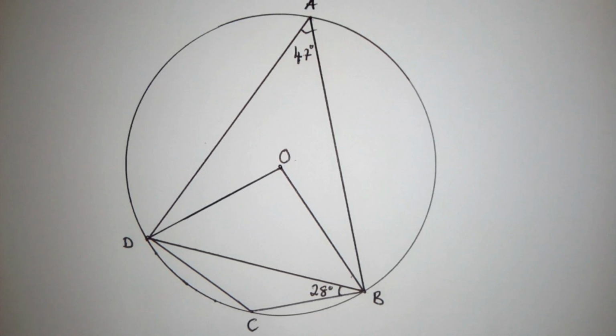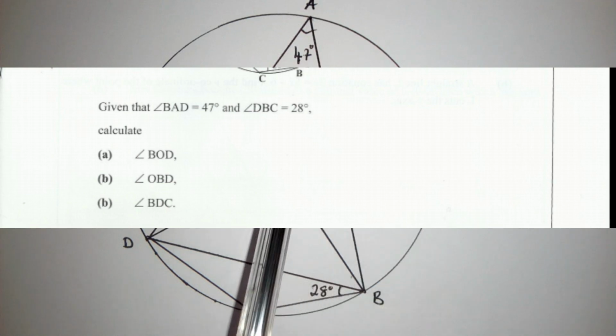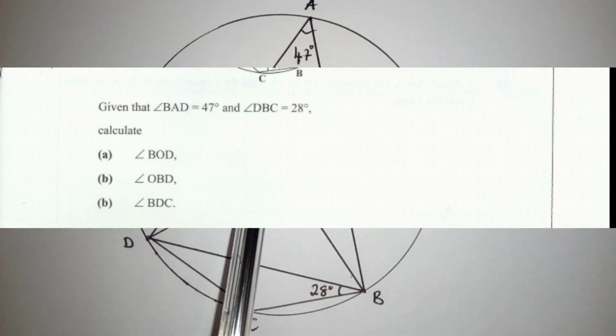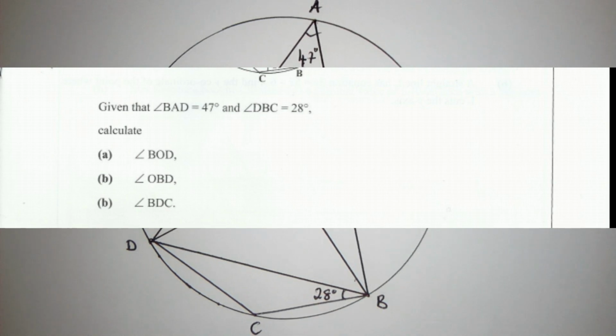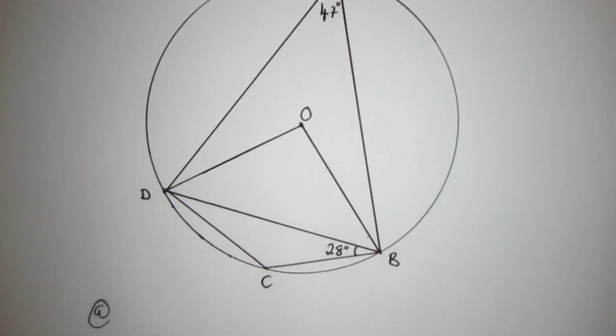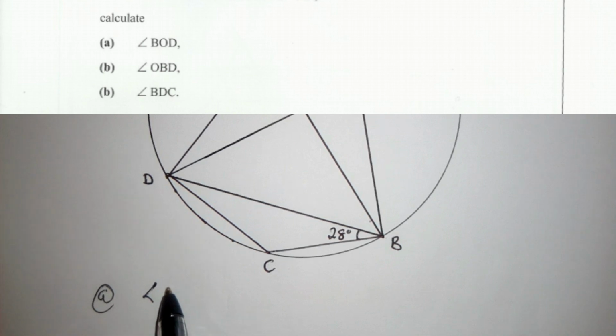And then they say, given that angle BAD is 47 and angle DBC is 28, calculate angle BOD.